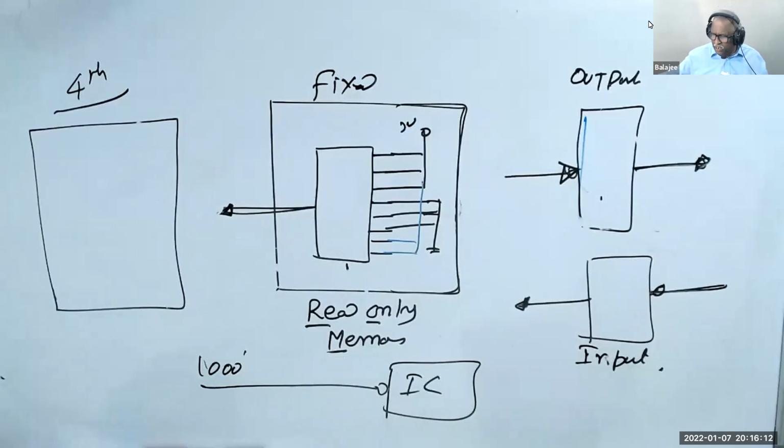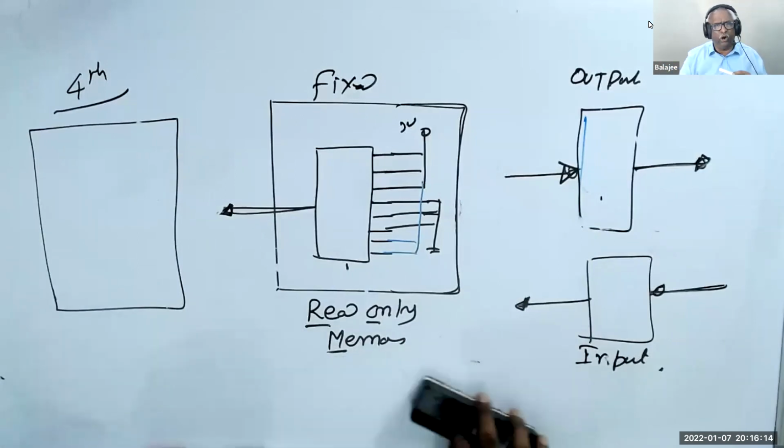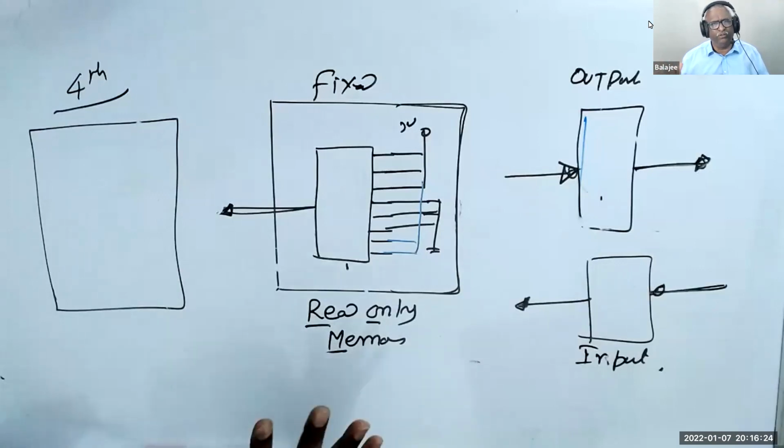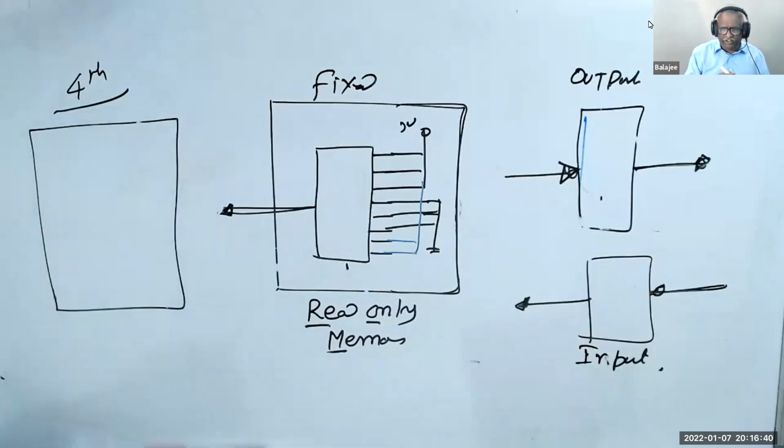And if you say that unless I understand the IC, how it functions, I will not get into the IC, then you have a problem. Please understand, after a long study of the industry and the students, I have come out with this concept where I try to explain at the top level how things are working.